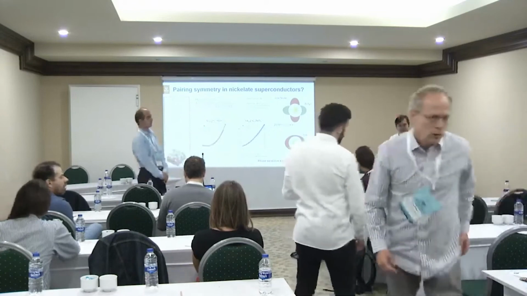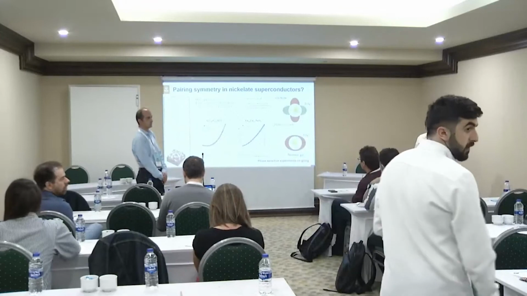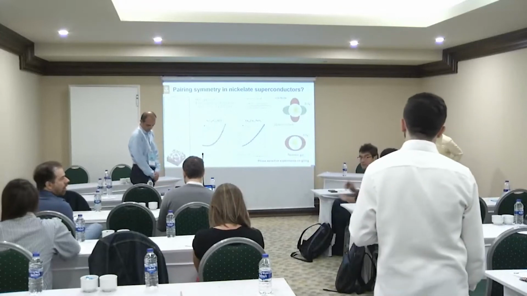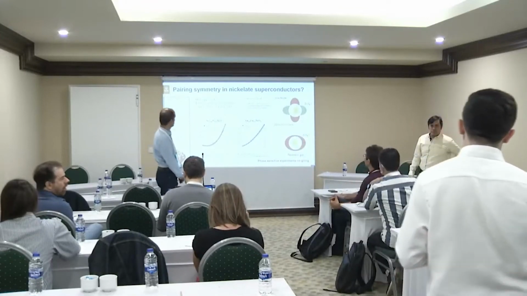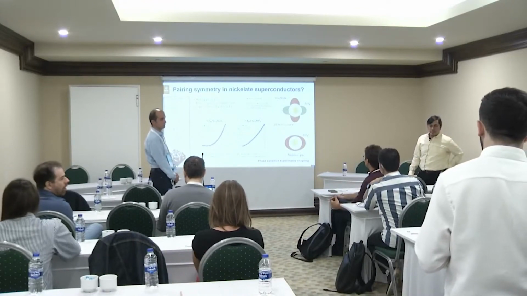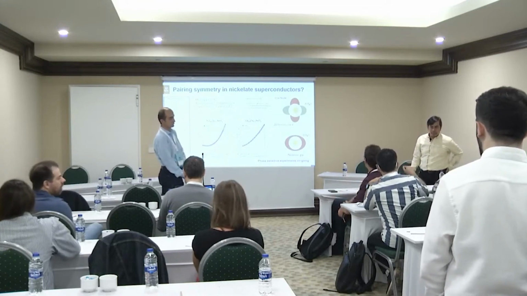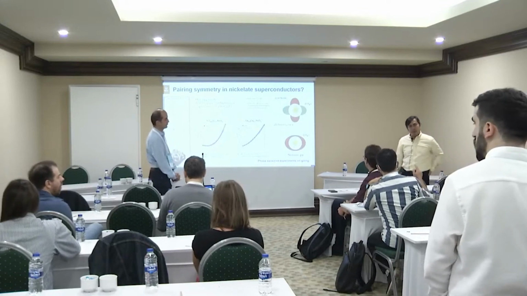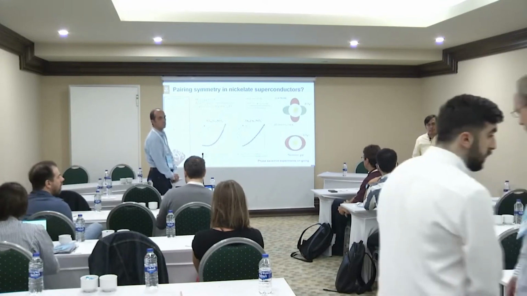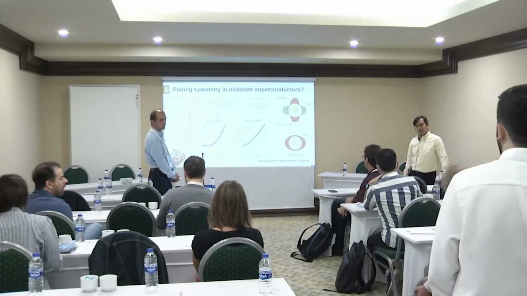It's a really nice talk. I think in 2018 we also tried to make the nickelate to see the superconductivity, but we didn't succeed. But it's nice to see your accomplishment. My question is about the phase diagram. You have a phase diagram that is dome shaped with two hills, and because of the transition from the electron doped to the hole doped, I expect there should be some separation.